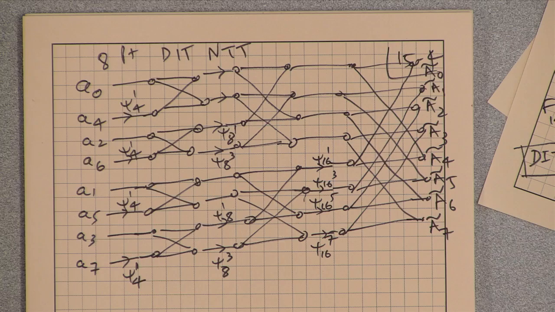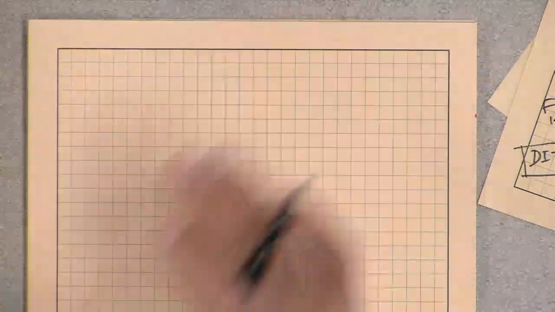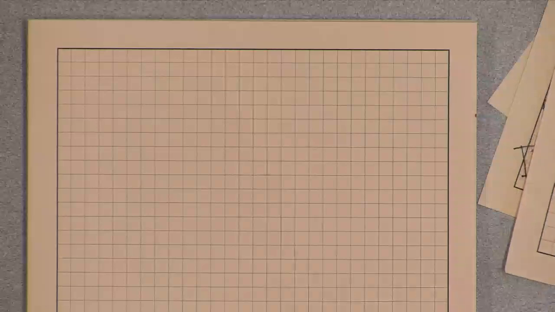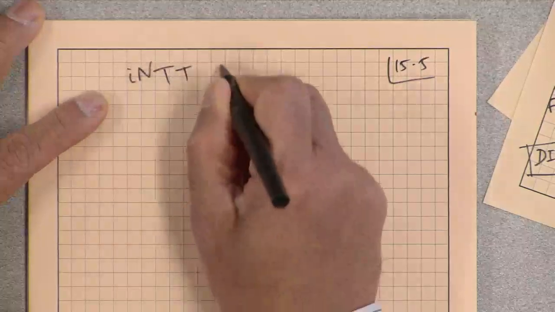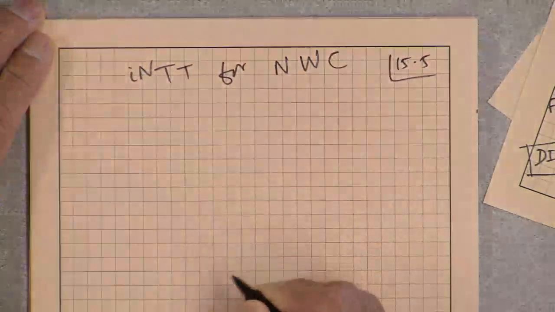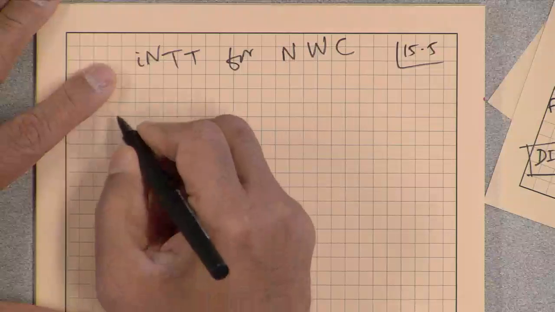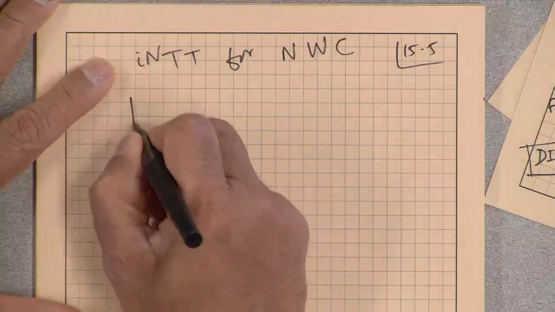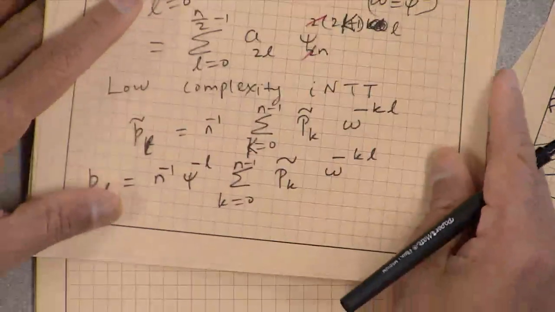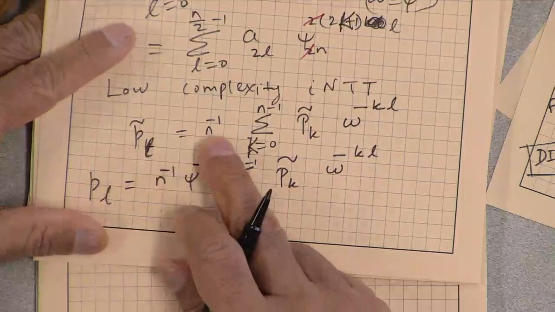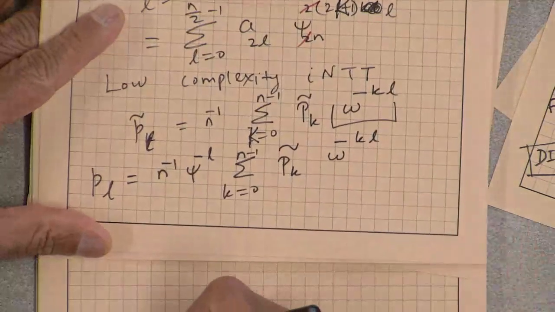So how do we really obtain the inverse NTT for the negative wrapped convolution? First of all, let's think about what exactly is going on. We started with the equation last time, this equation here, P L tilde, which was n inverse of that thing, that's really the standard inverse NTT quantity.